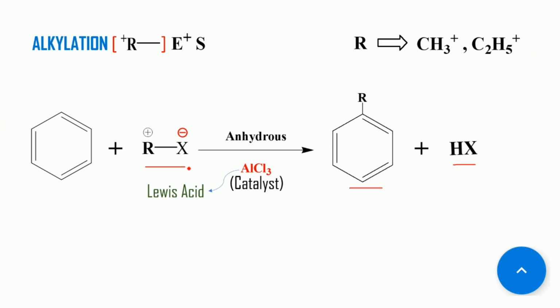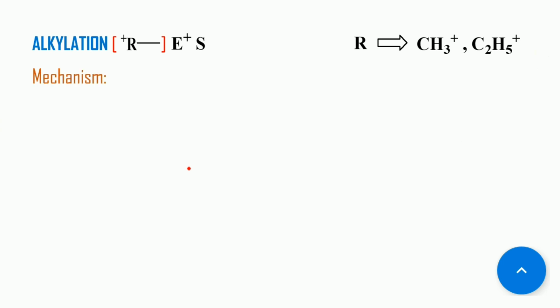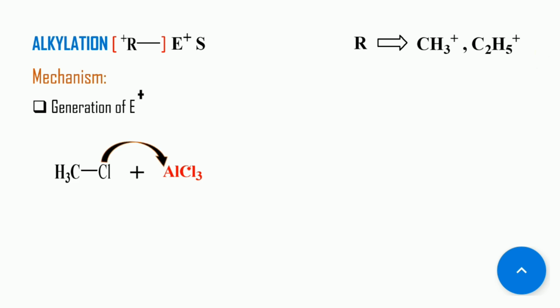Let's see. So mechanism: the first step is generation of the electrophile. Our reactant, suppose CH3Cl, will react with AlCl₃. So fusion will happen, as we know, in between the single bond of CH3 and Cl, like this.